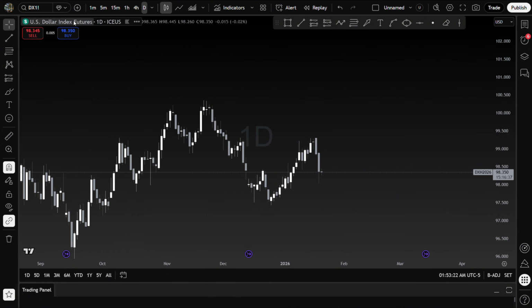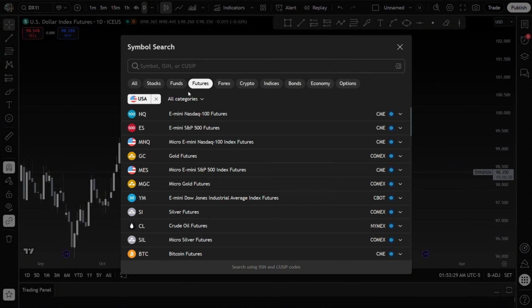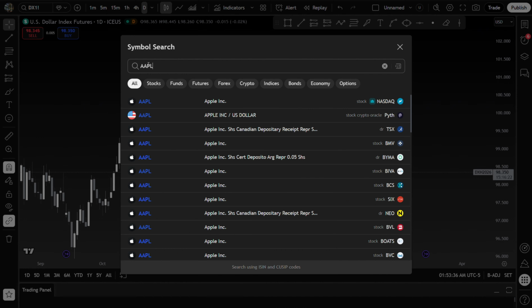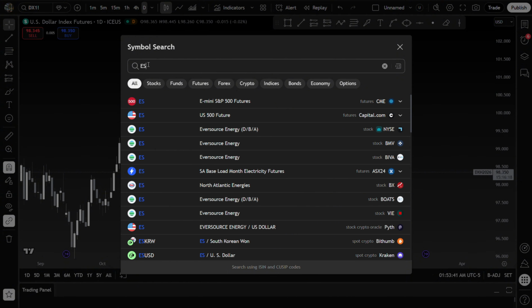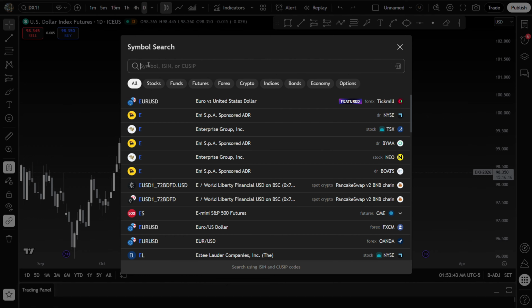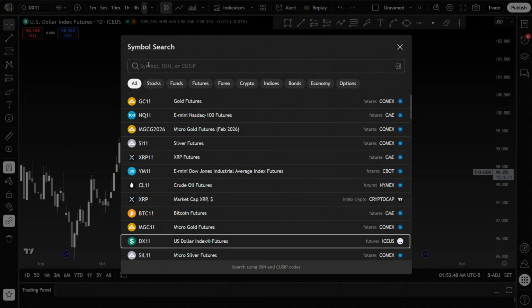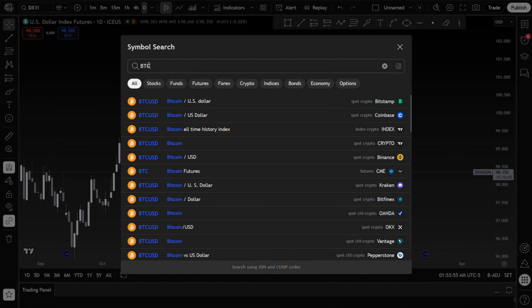So first, let's start by choosing a market. At the top of the screen, you can search for an asset by its ticker symbol. Stocks like AAPL, futures like ES or NQ, you have Forex pairs like EURUSD, or even crypto like BTCUSD.